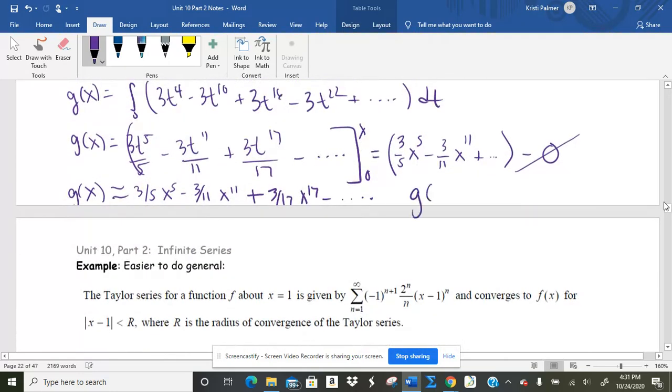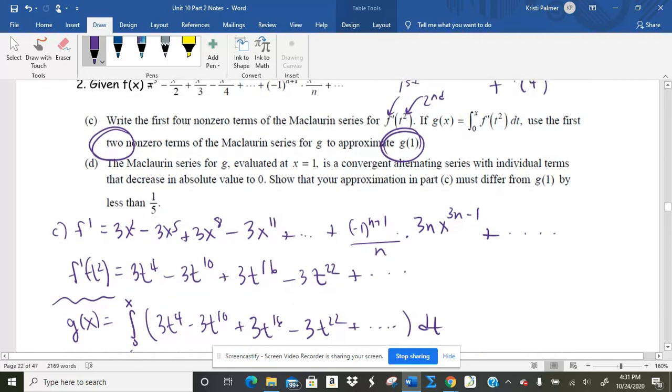So g of 1 is approximately 3/5 times the 1 to the 5th minus 3/11 times the 1 to the 11th. And that's the end for that. That was a lot though, okay? So that's part C.